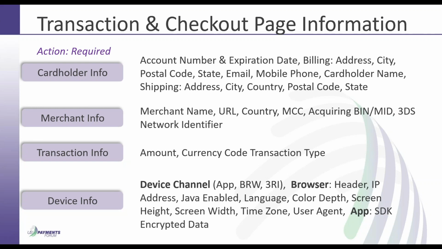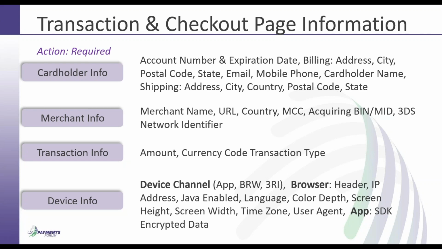Then the email, mobile phone, and cardholder name can all be passed in the message. From a shipping perspective, this tends to be conditionally required. If it's a physical good, you'll have a shipping address, which means it's required to be passed. If it's a digital good, you most likely don't have a shipping address, so that wouldn't be required.